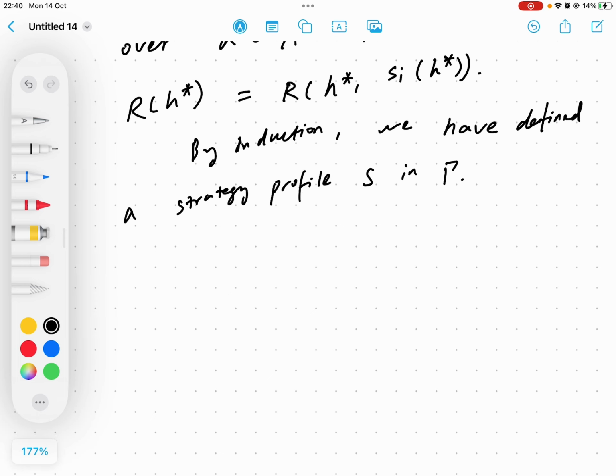And further, by the one-shot deviation property, because in each subgame and for each player, it satisfies the requirements for the one deviation property, such that the only difference would be the initial move in each subgame and for each player.